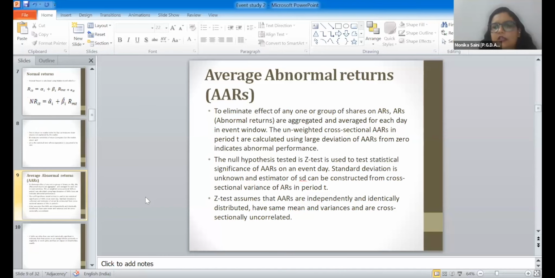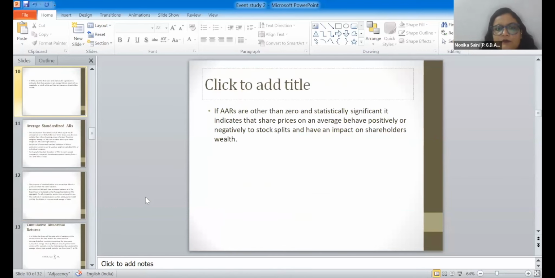Now, you can use the Z test or T test. Z test assumes that average abnormal returns are independently and identically distributed, that is IID, which means they have the same mean and variance and are cross-sectionally uncorrelated. If average abnormal returns are other than zero and statistically significant, it indicates that share prices on an average react positively or negatively to a stock split or any other announcement.